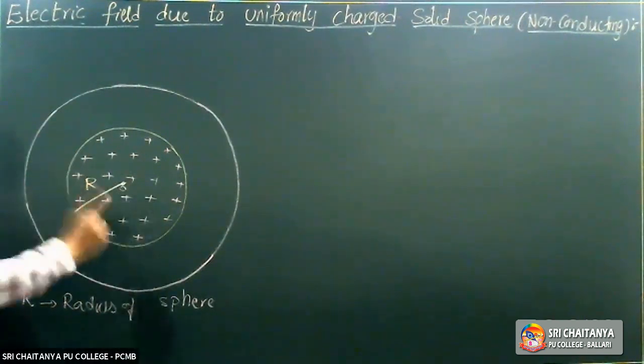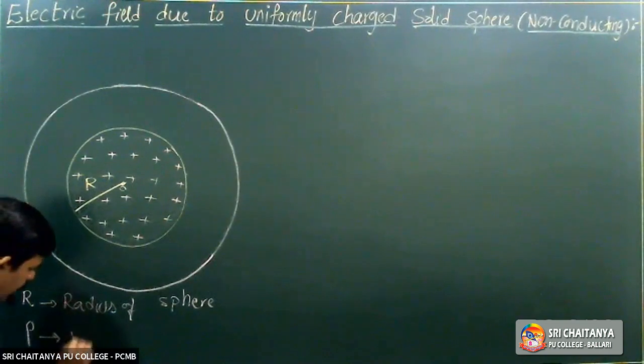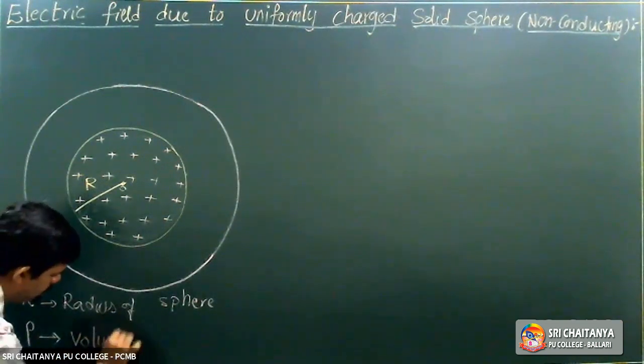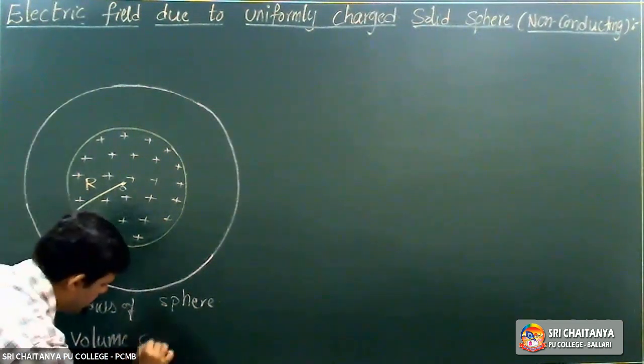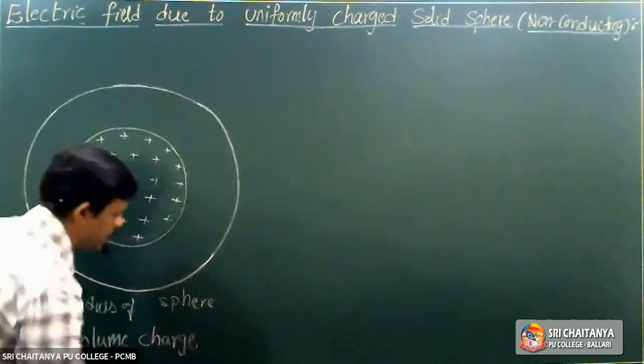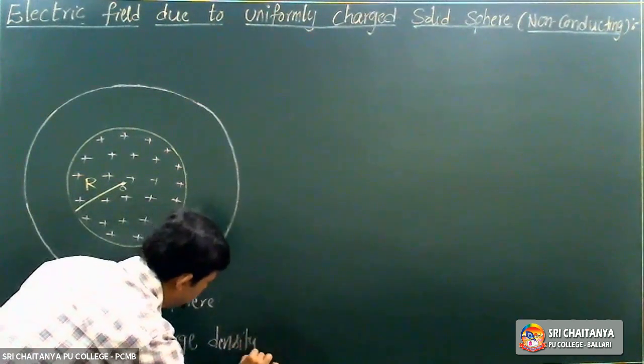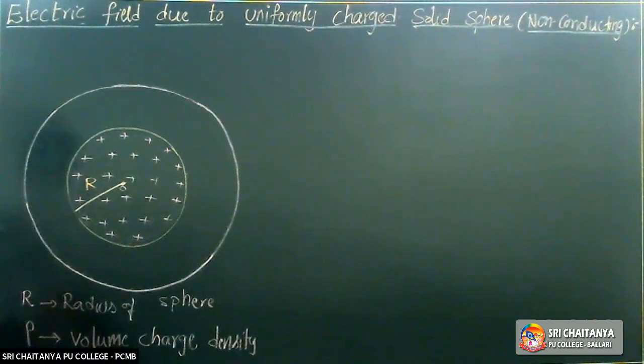For this type of distribution, they give the volume charge density.